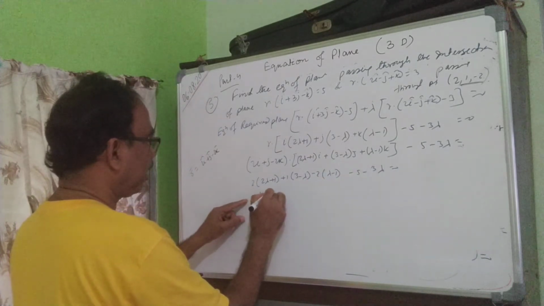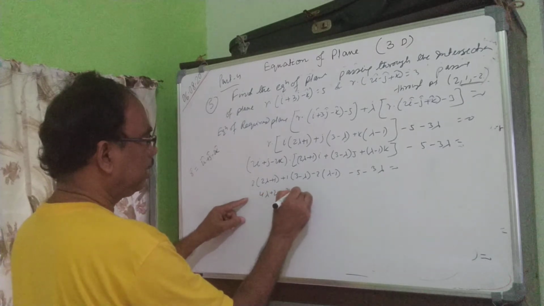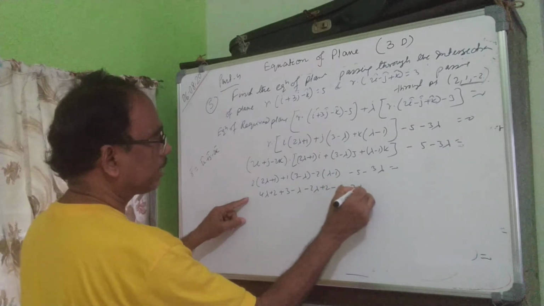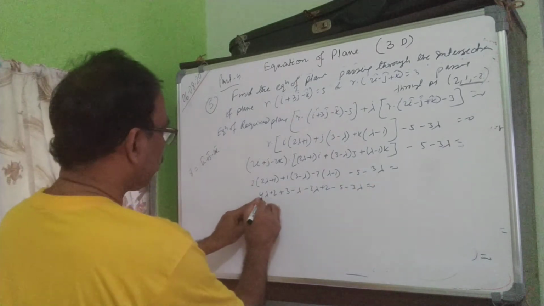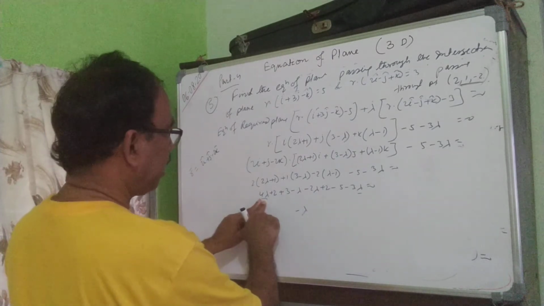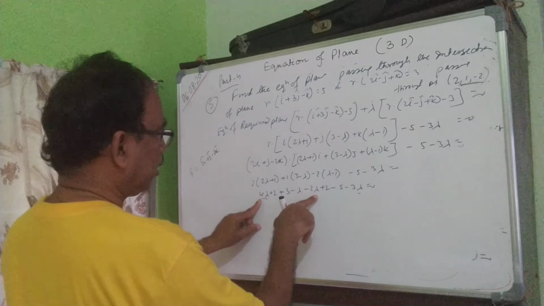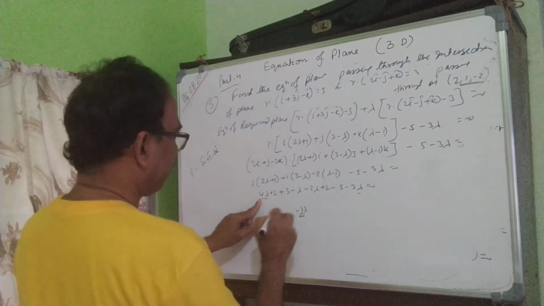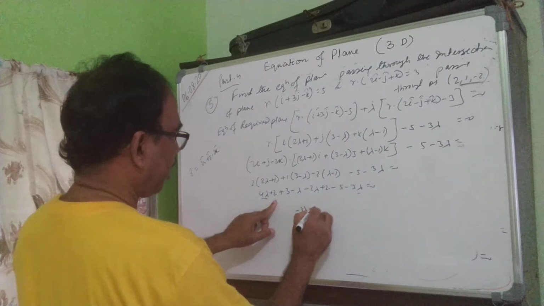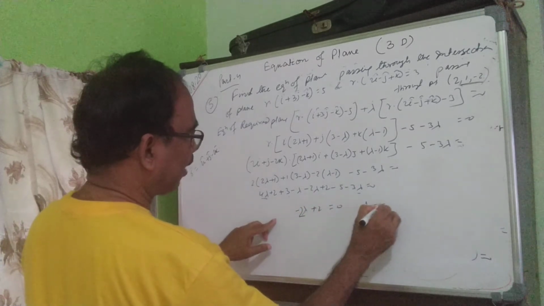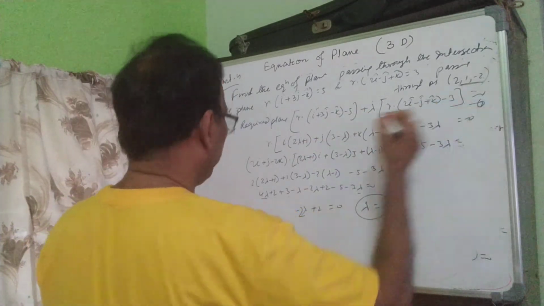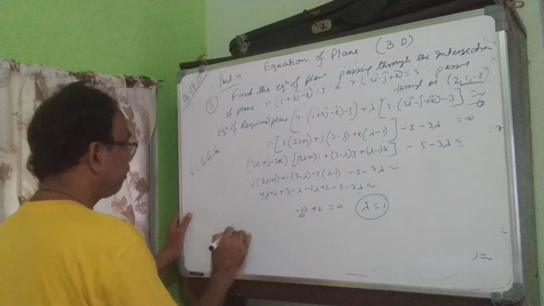Then 4 lambda plus 2 plus 3 minus lambda minus 2 lambda plus 2 minus 5 minus 3 lambda equals 0. Collecting terms, the lambda value is 1. Put lambda in equation number 1, and we will get the vector equation of the plane.